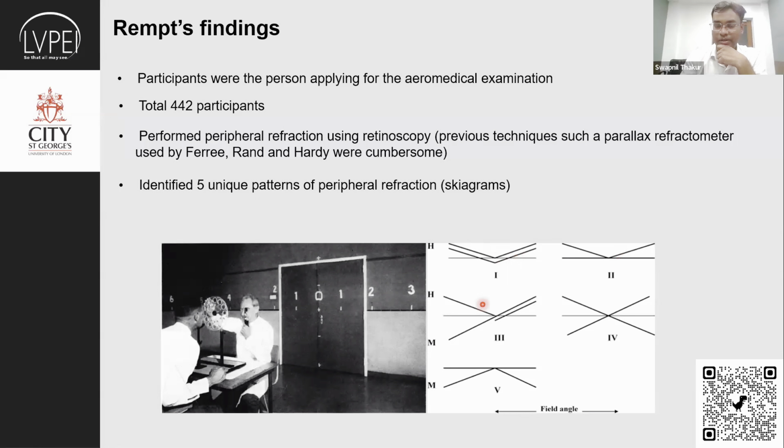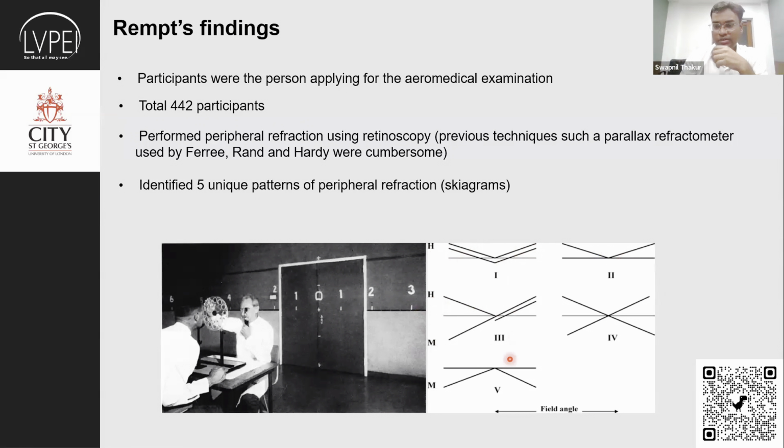In the first pattern, both the horizontal and vertical meridians are in the hyperopic direction. In the second, both the horizontal and the vertical meridians are again in the hyperopic direction. So there are two parts: the top part, H1, is the hyperopic side, and M1 is the myopic side.